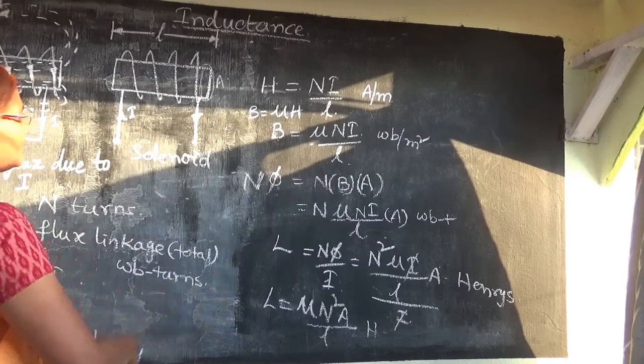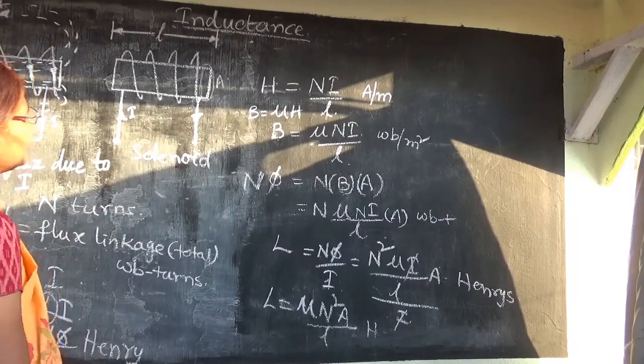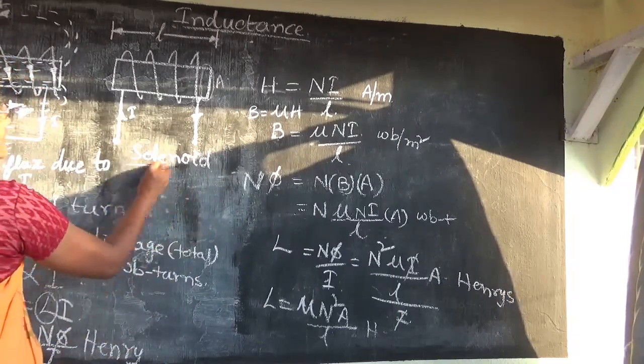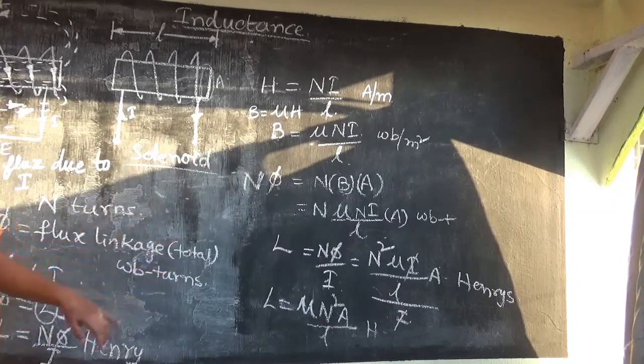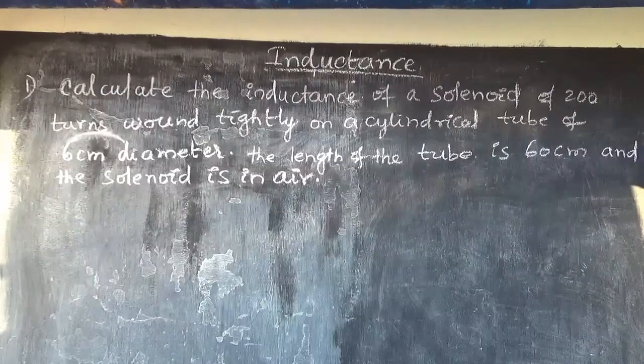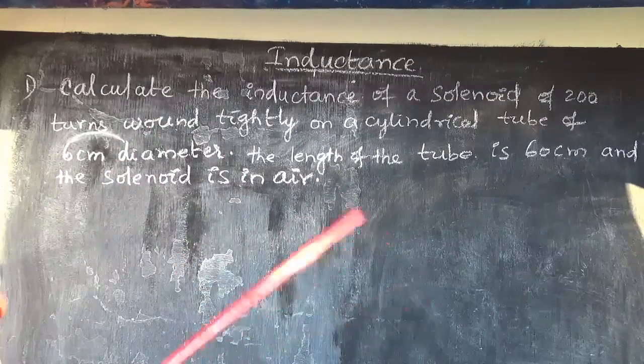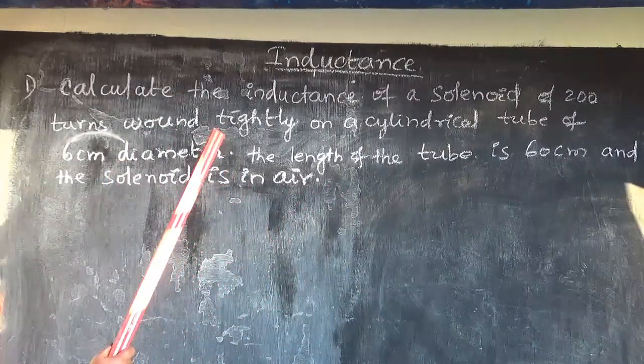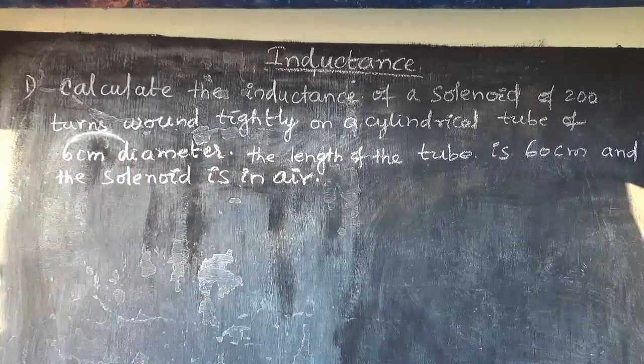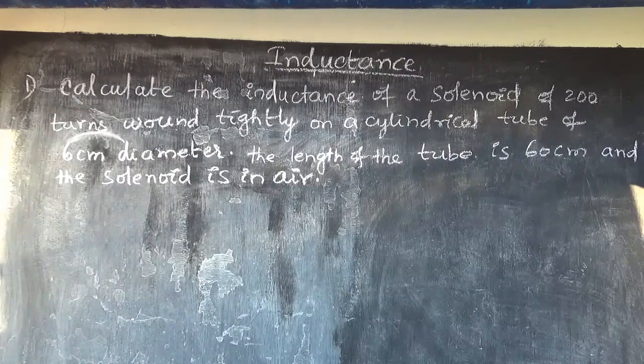So this is the property which is called inductance of a solenoid. We will go for a problem. We will do one problem of solenoids. A very easy problem, a straight problem, no need to think anything, a substitution problem which we like more.